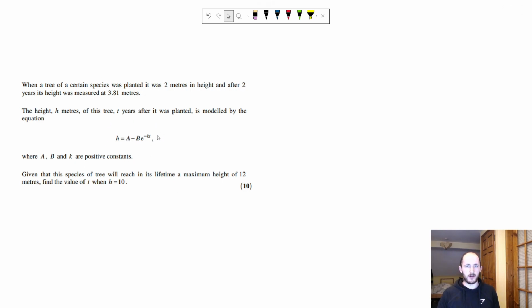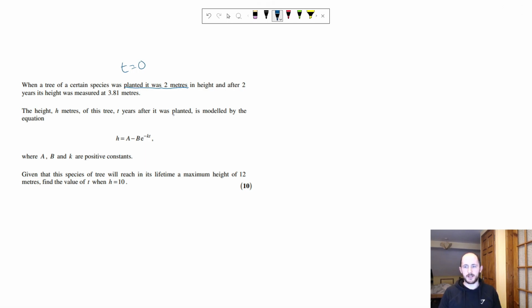If we have a look at this question, we have an equation here where our two variables are h and t. We have a, b, and k, which are unknown constants. When a tree of a certain species was planted, it was 2 meters in height. As I go through, I like to highlight the information. When it was planted means when t equals 0, because t is the years after it was planted.